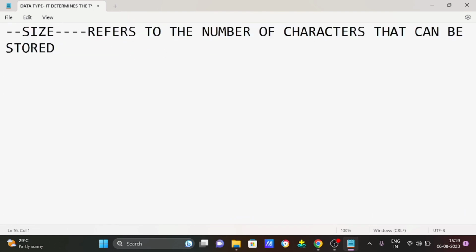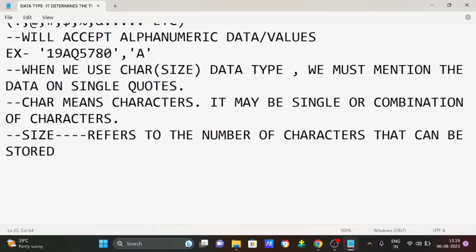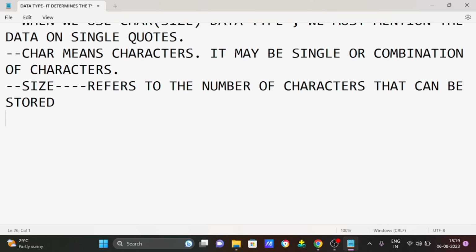Now let's try to understand the varchar of size data type. Well, before going to the next data type, there is one important point that we need to discuss. That is, there is a certain disadvantage of char of size data type. Here, the size of the data is fixed.